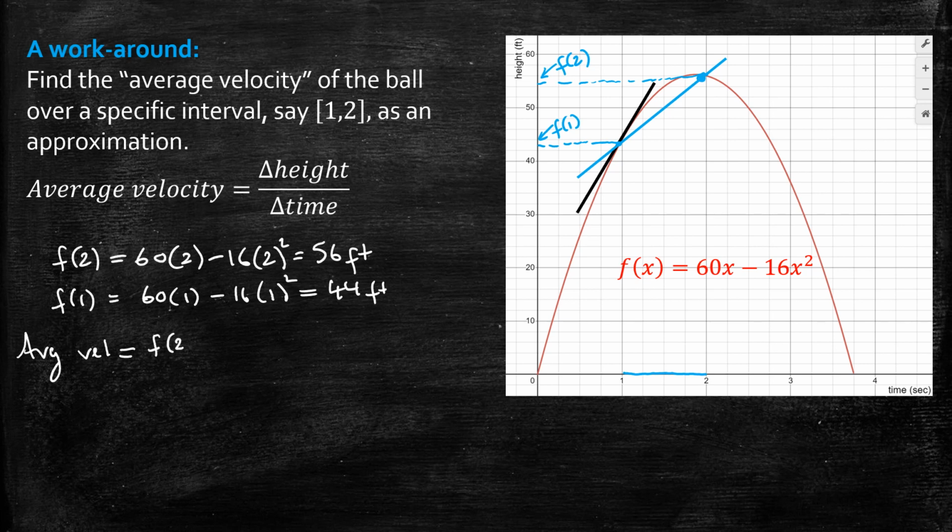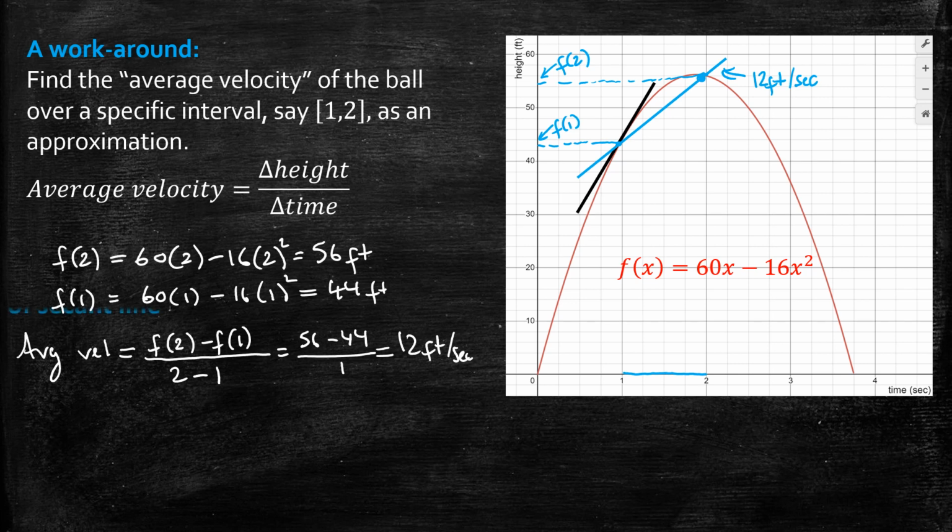I'm going to put that more formally first. It's really f of 2 minus f of 1 divided by 2 minus 1. And then I'll put the numbers in. That's 56 minus 44 over 1, which works out to be 12 feet per second. So the slope of this secant line here is 12 feet per second.